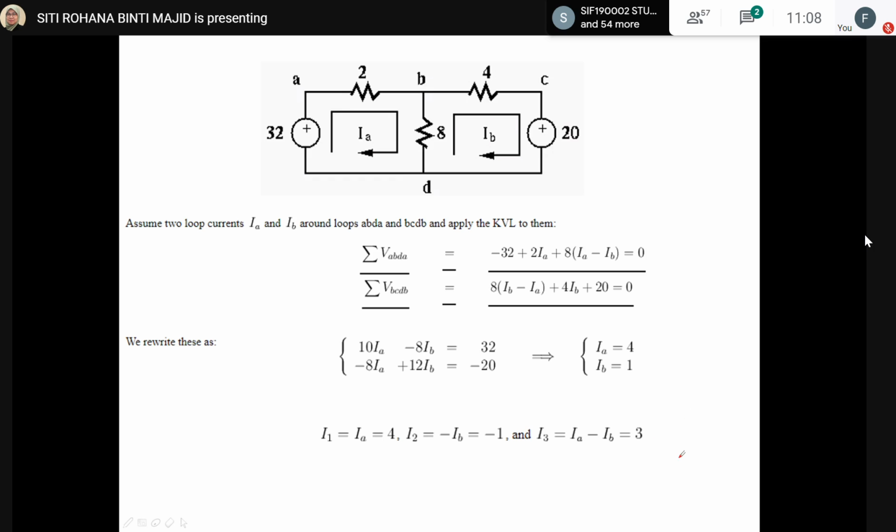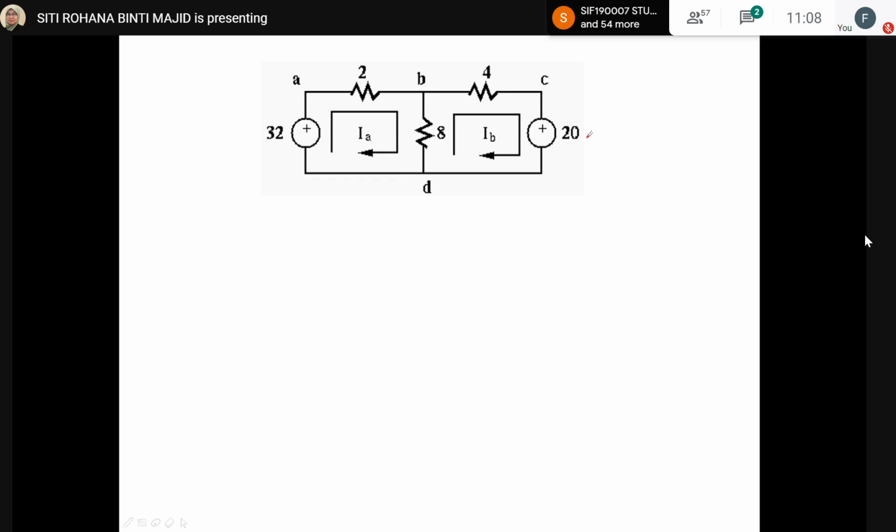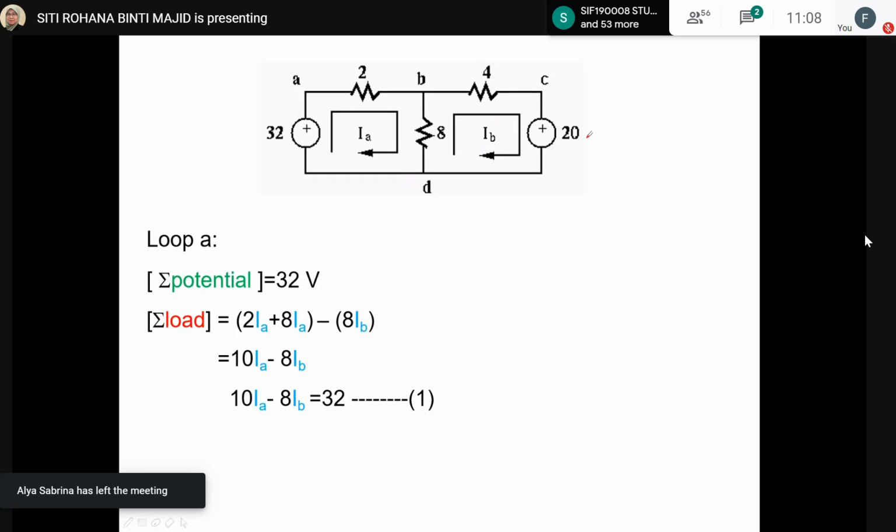Okay, this one is in ampere because this one is in ohm. Okay, and then I want to show what we have discussed before using the same circuit.